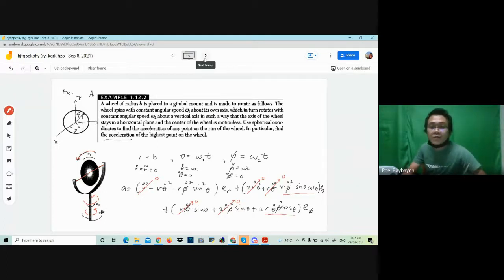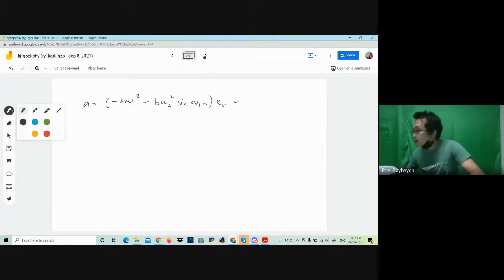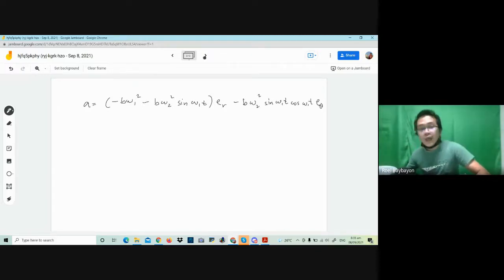So we have minus b phi dot, which is omega 2 square, sine of theta, where theta is omega 1 t, cosine of omega 1 t e theta, plus what remains for e phi, which is equal to 2 r dot, r is b, omega 1 omega 2 cosine of omega 1 t e phi.